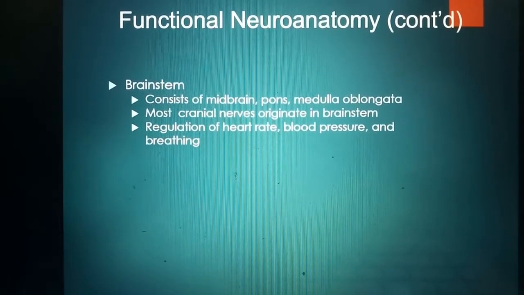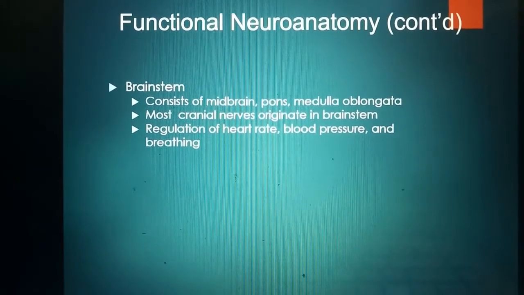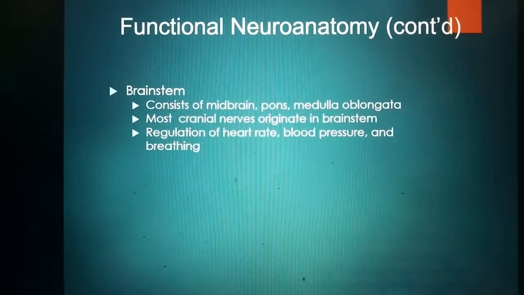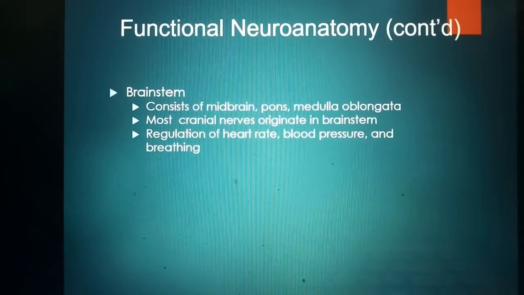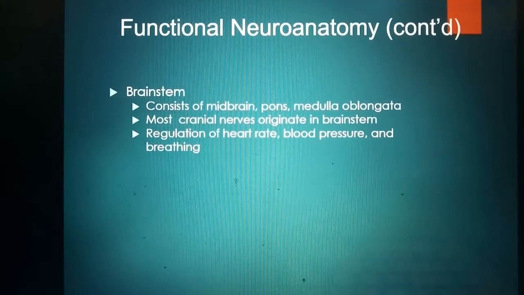They regulate the heart rate, blood pressure and breathing. That is why when people have injuries at the base of the head, there is high risk of serious complications including death, because it affects the breathing, the heart rate and blood pressure.